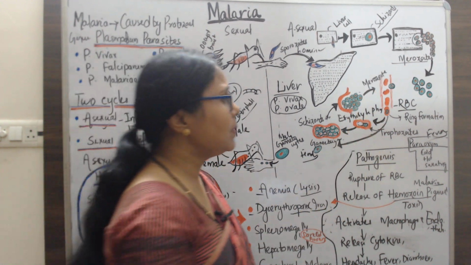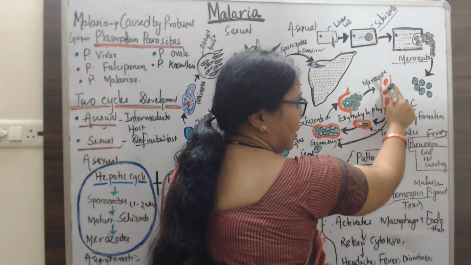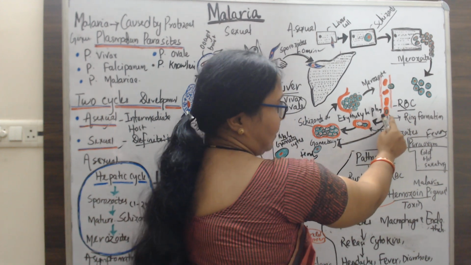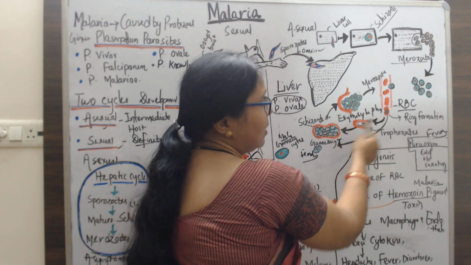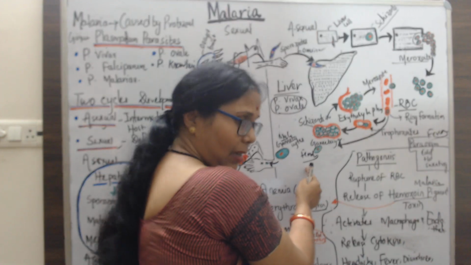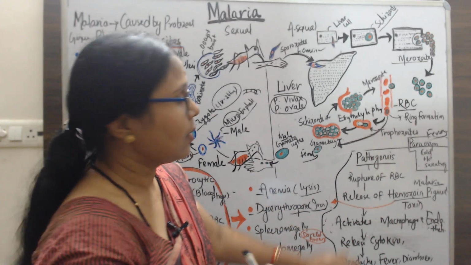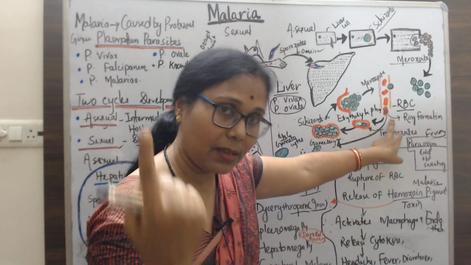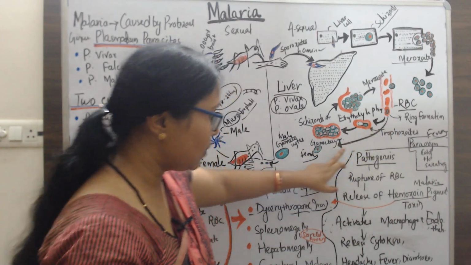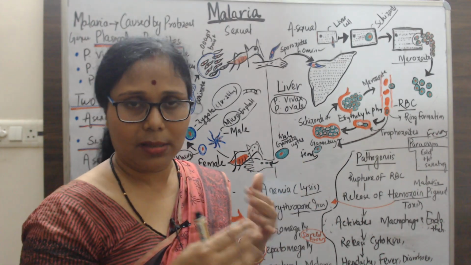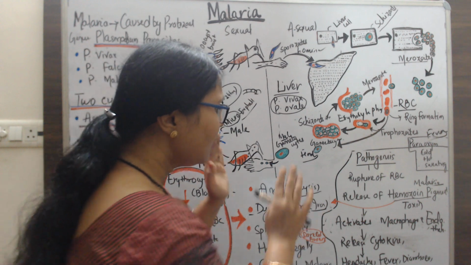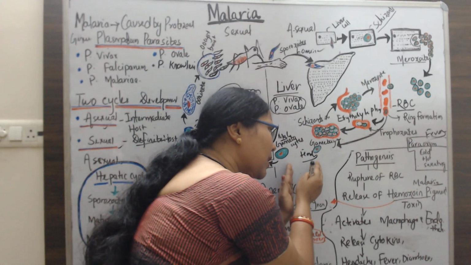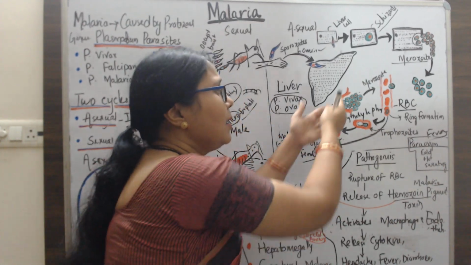But some of these merozoites, at the ring formation time, don't divide asexually. They form male gametocytes and female gametocytes, from the ring formation and early trophozoite stage. They differentiate into male and female gametocytes. Now these gametocytes are also in the blood, along with the merozoites.